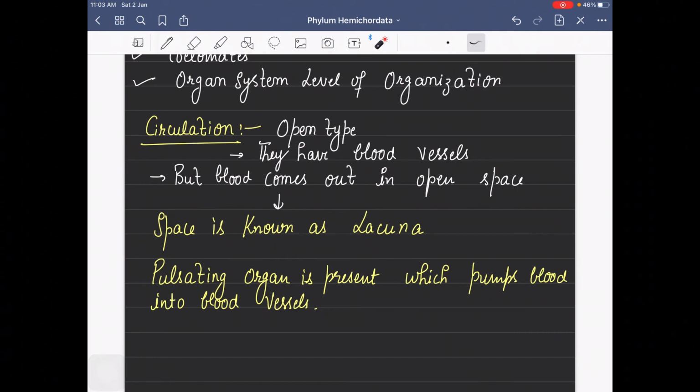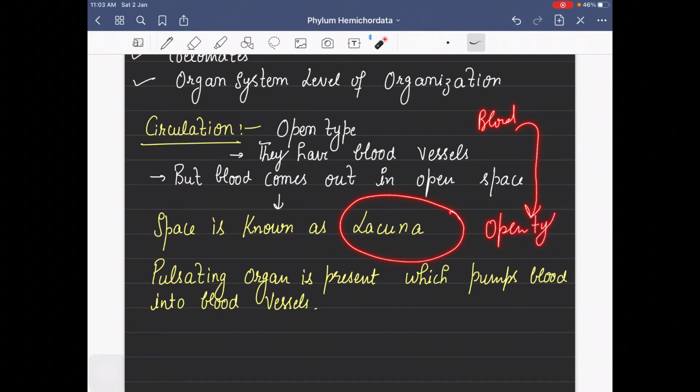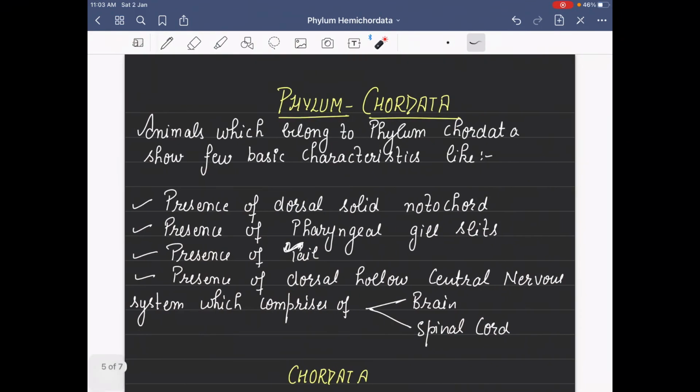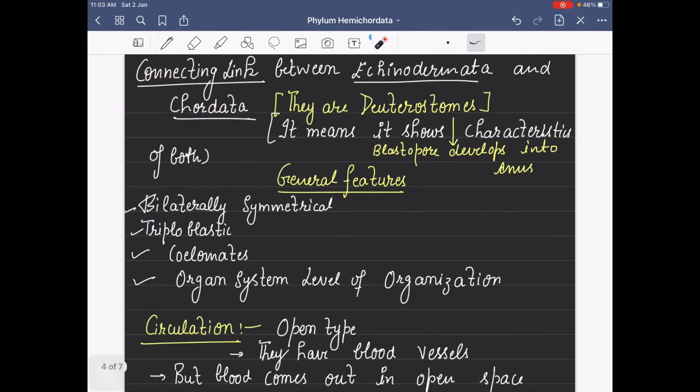It comes out into open spaces, and those open spaces are known as lacunae. A pulsating organ is also present, which pumps the blood into the blood vessels, but because blood is coming out into a space, their circulation is of open type. This was all about our phylum Hemichordata.